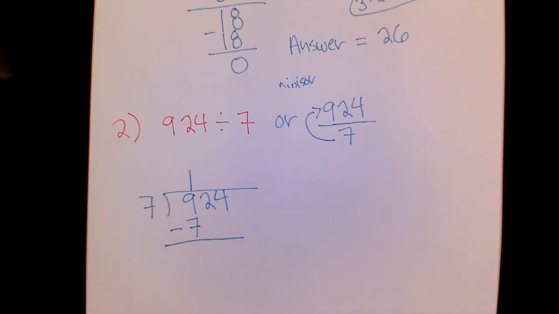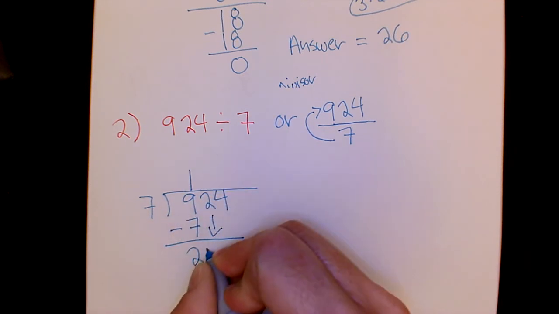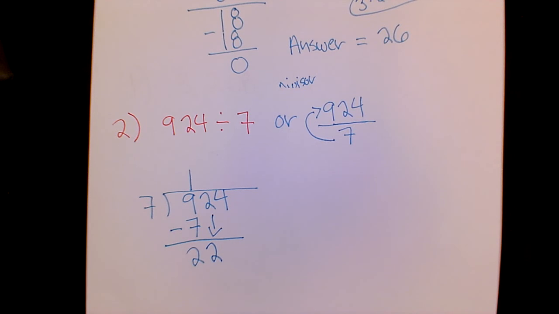And then let's subtract down. Okay, let's subtract and we get 2, and let's bring the next number down, just the next number, which is a 2.